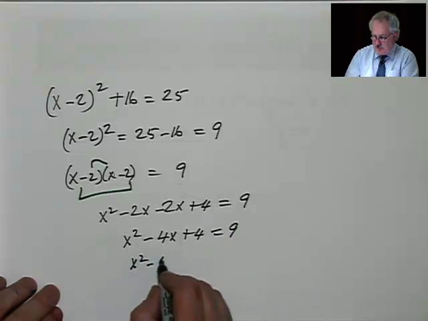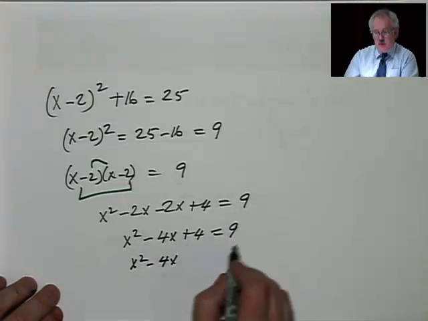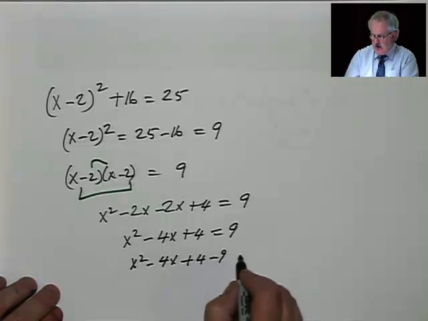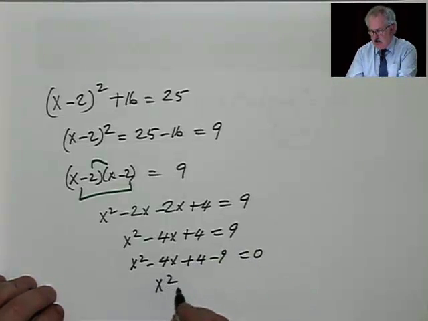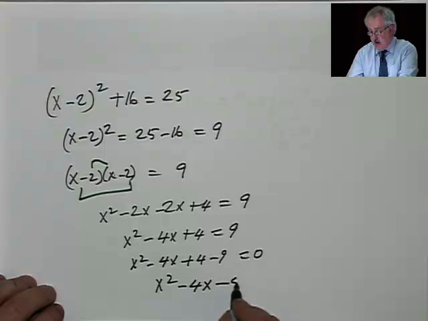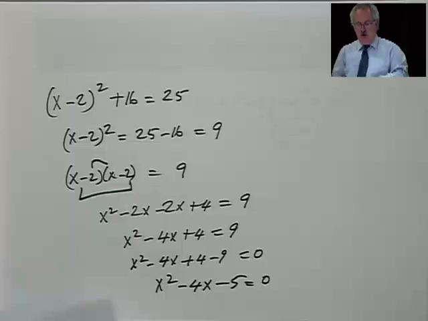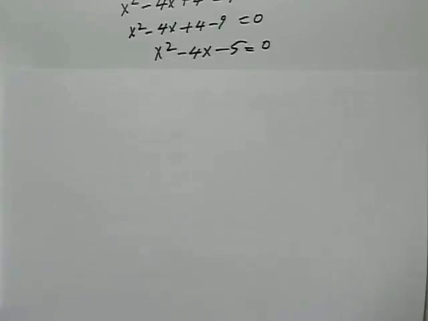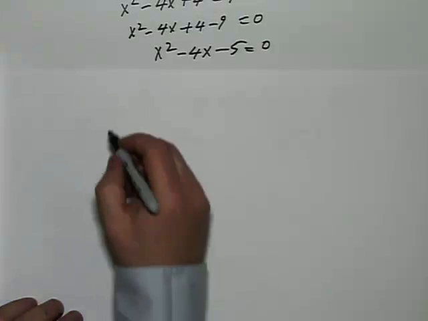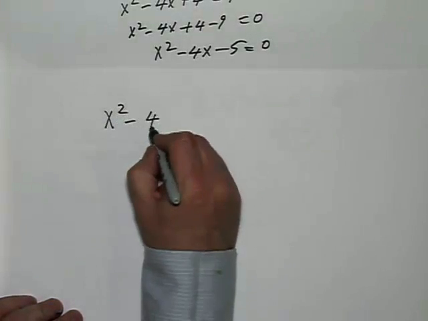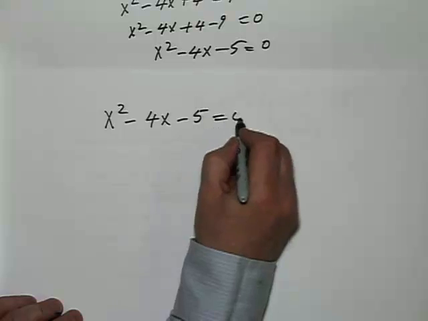X squared minus 4x, taking the 9 across, plus 4 minus 9 is 0. X squared minus 4x minus 5 is 0. So now what we have is we broke it down into a quadratic where we've got x squared minus 4x minus 5 is 0.